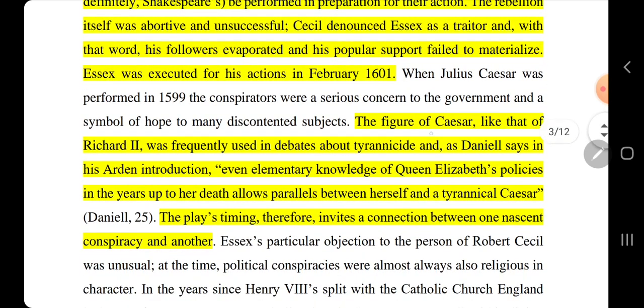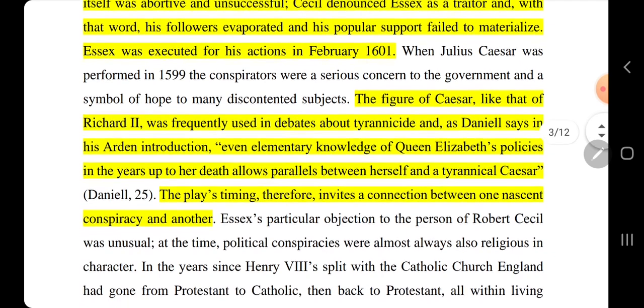So the figure of Caesar in the play, similar to that of Richard II, was frequently used in debates about tyranny, and as Daniell said in the Arden introduction, even elementary knowledge of Queen Elizabeth's policies in the years up to her death allows parallels between herself and a tyrannical Caesar.